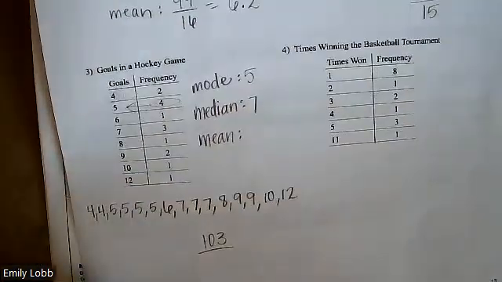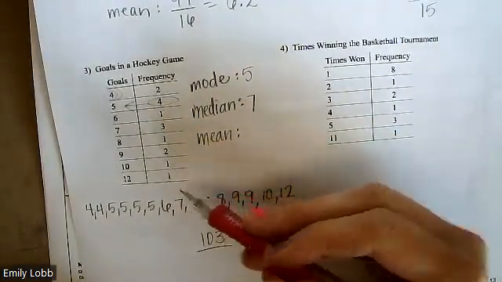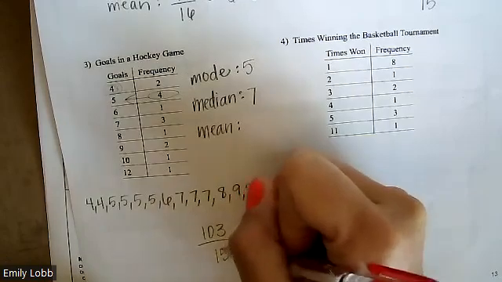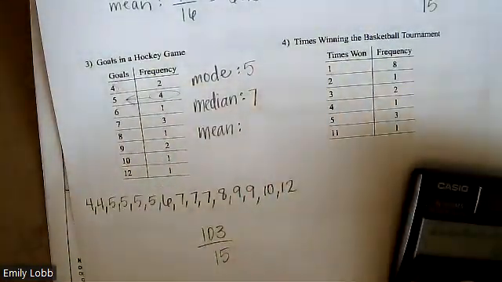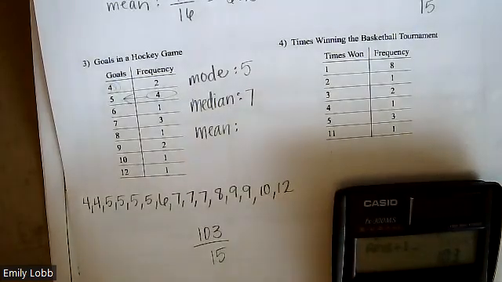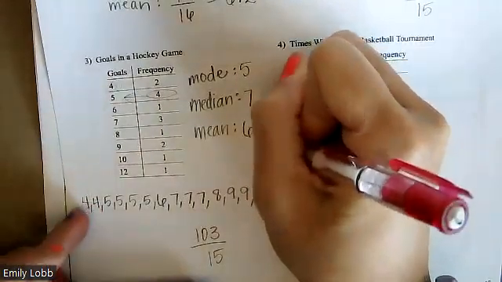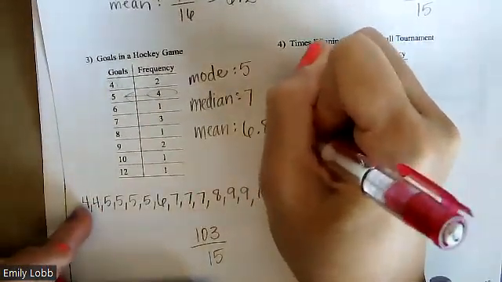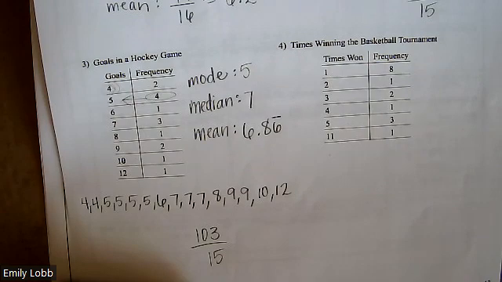Let me know what you got. And I have 15 data values again, I think. That seems reasonable to me. What do you think? Did anybody get something different? No.